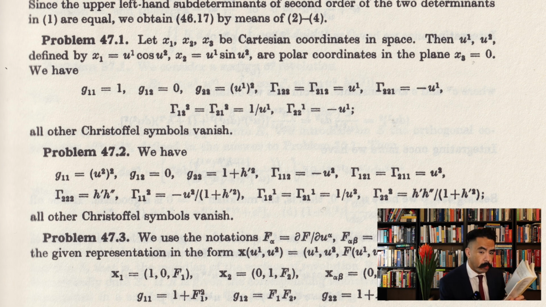We have g_11 equals 1, g_12 equals 0, g_22 equals the square of u1, and then we have Γ_122, which is the same as Γ_212, equals u1. We have Γ_221 equals negative u1, and we have that Γ^2_12, which is the same as Γ^2_21, equals 1 over u1, and Γ^1_22 equals negative u1, and all other Christoffel symbols vanish.